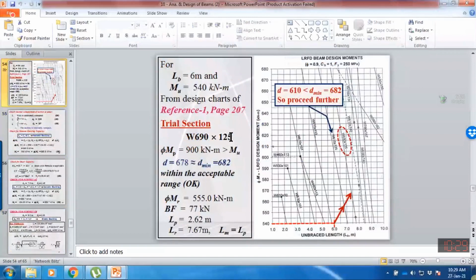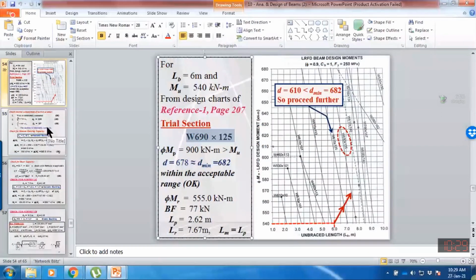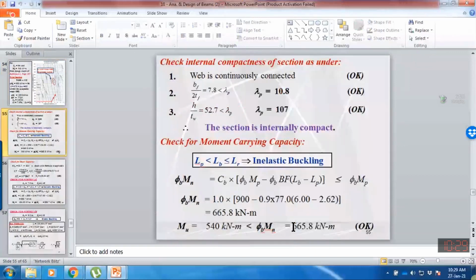This section is selected based upon the maximum bending moment. So the moment carrying capacity of that section was 665, which is more than our applied bending moment. So the bending check is okay.